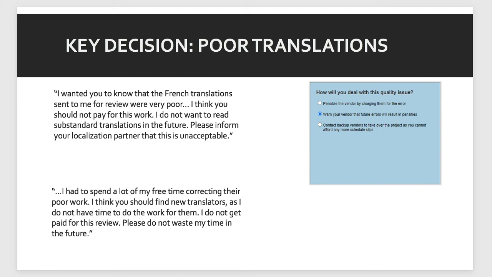Although we currently are contractually able to penalize the vendor for a quality error, it was decided to warn the vendor and forgo any penalty. This would still instill some goodwill with the vendor. Next project, let's learn, the vendor moves on. So that's some ideas of how to respond to a vendor quality issue.